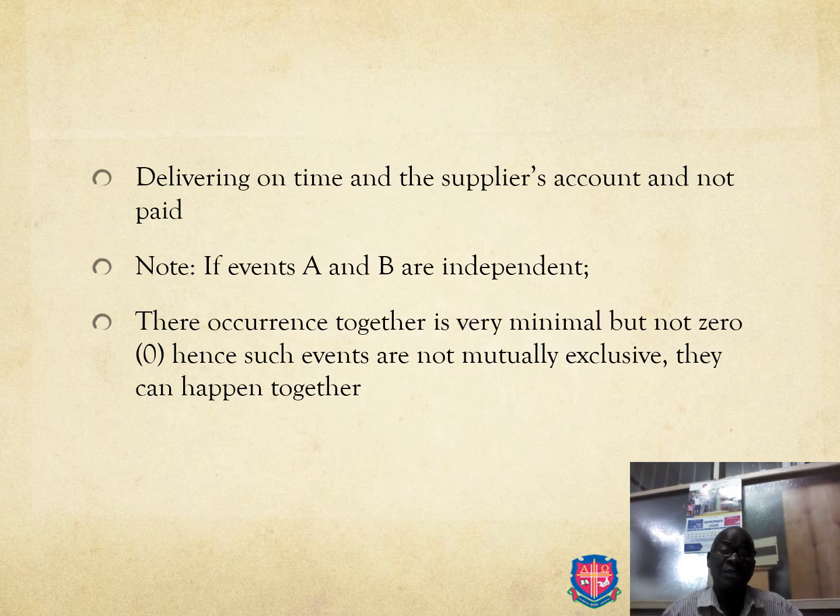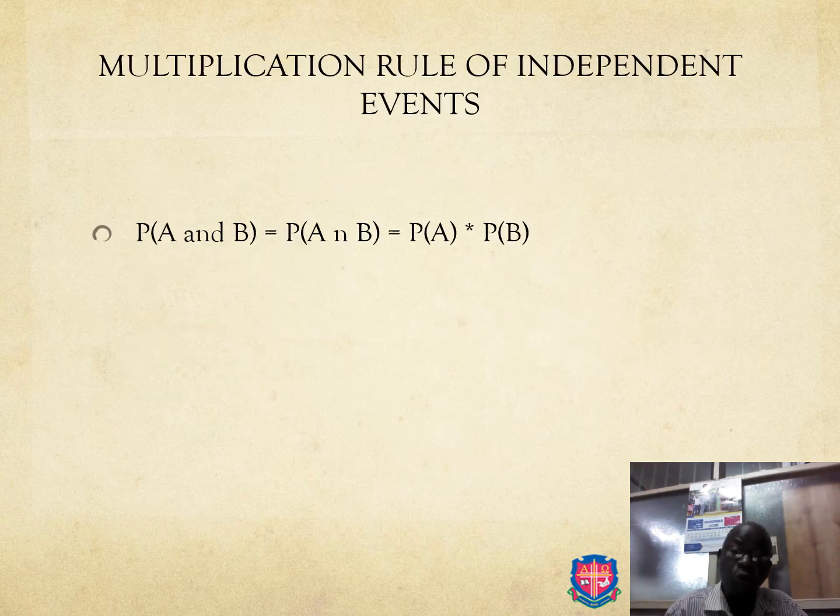So if events A and B are independent, their occurrence together is very minimal, but not zero. Hence, such events are not mutually exclusive. They can happen together, although their probability of happening together is very small.